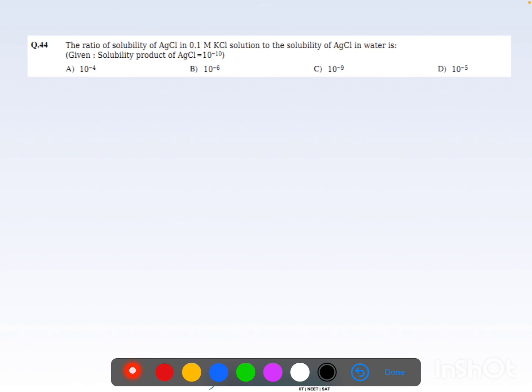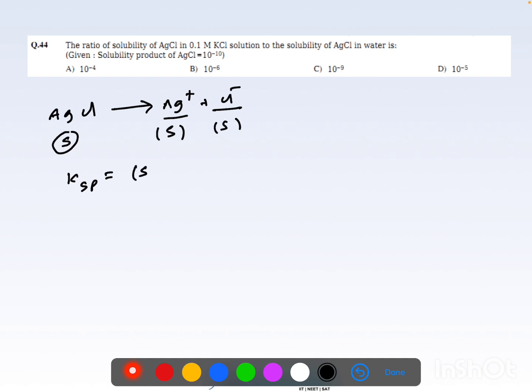The ratio of solubility of AgCl in 0.1 molar KCl... So AgCl dissociates as Ag plus and Cl minus. If S is the molarity of AgCl, it will produce equal amounts of Ag plus and Cl minus. So the molarity of Ag plus is S and the molarity of Cl minus is also S. Now Ksp will be equal to the concentration of Ag plus, that is S, into the concentration of Cl minus, so it is S squared.